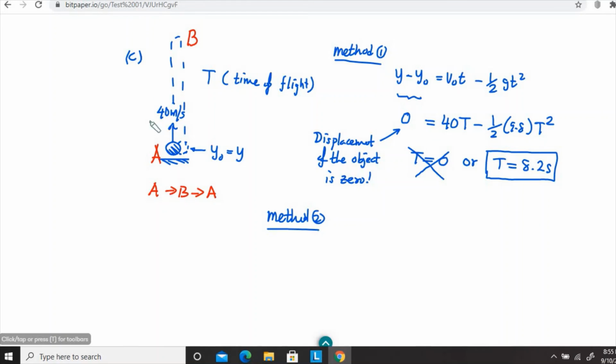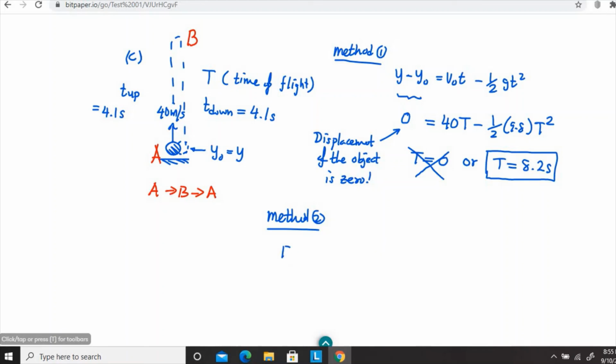Method 2 is we can look at the symmetry of this problem. So we can see that T in the upward direction, if you recall, is 4.1 seconds. That is T upward. Similarly, when you're going in the downward direction, that is T downward, it has the same value, 4.1 seconds.